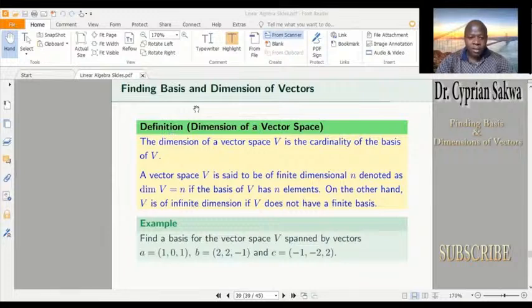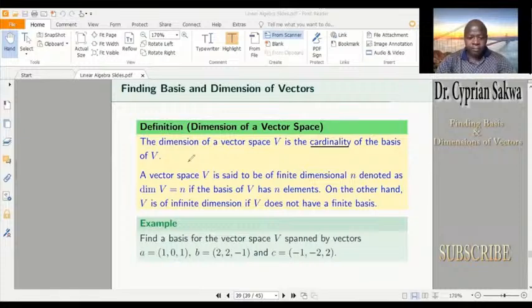So let's first define dimension. By dimension of a vector space, we mean the number of elements in the basis of a vector space. The cardinality, the number of elements of the basis of V, that will form the dimension of V.